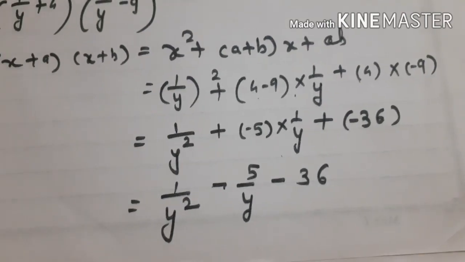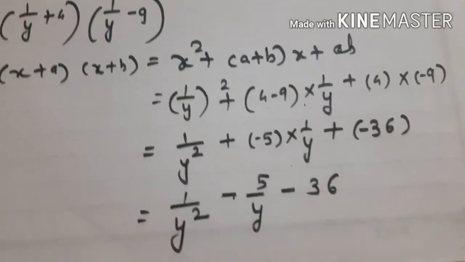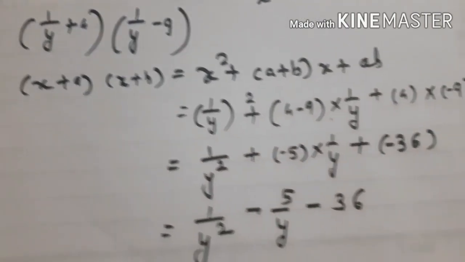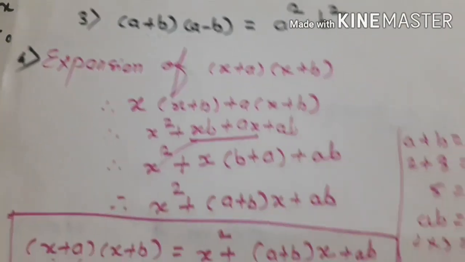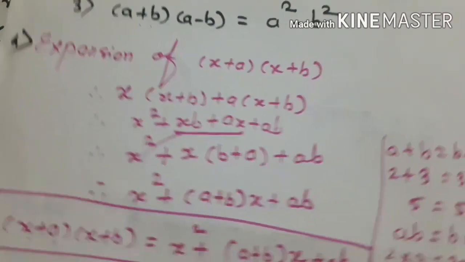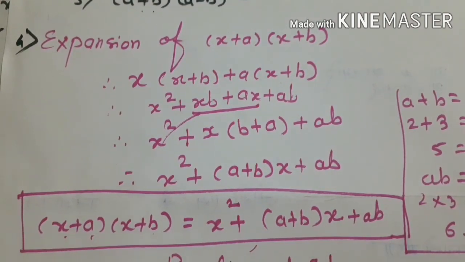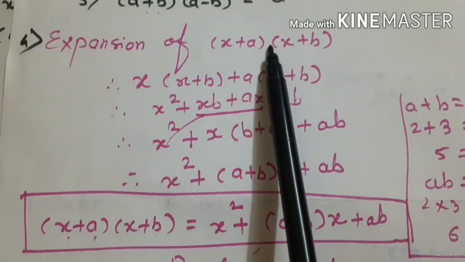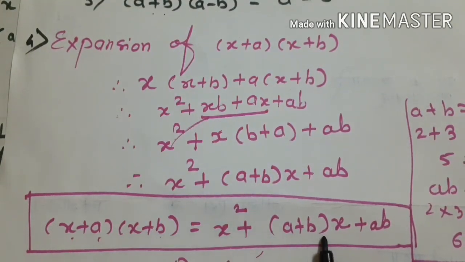In this way today we have seen one more important formula or expansion, x plus a and x plus b. See carefully, again I tell you, this is the expansion of x plus a and x plus b. When first terms are the same and second terms are different, then we get this expansion.